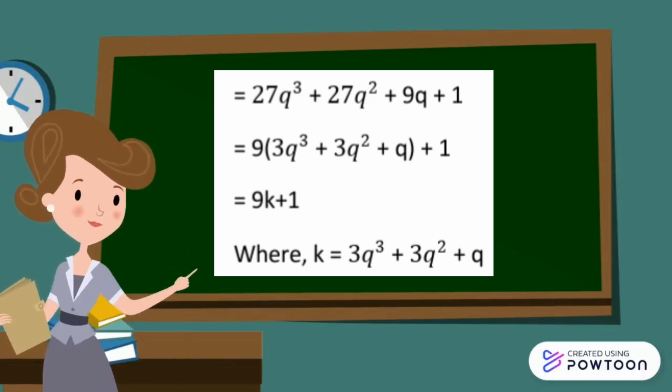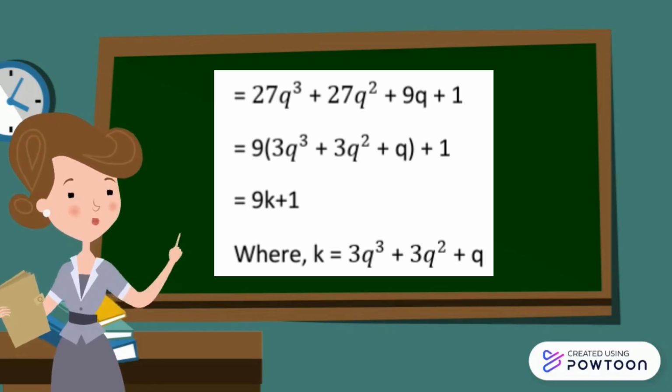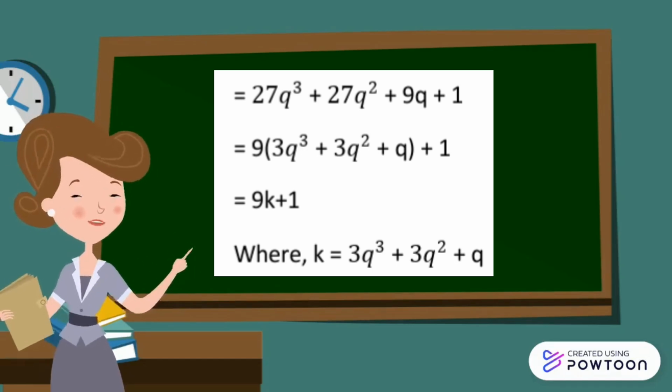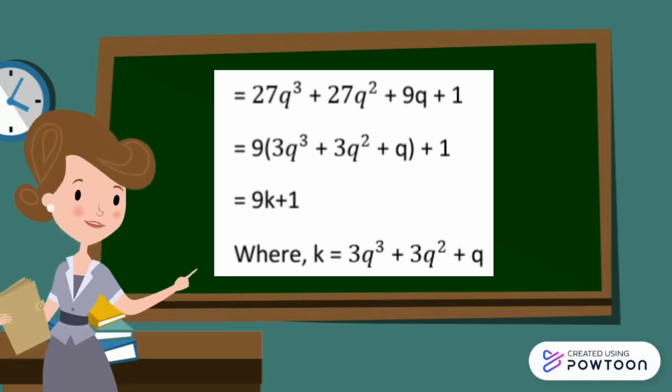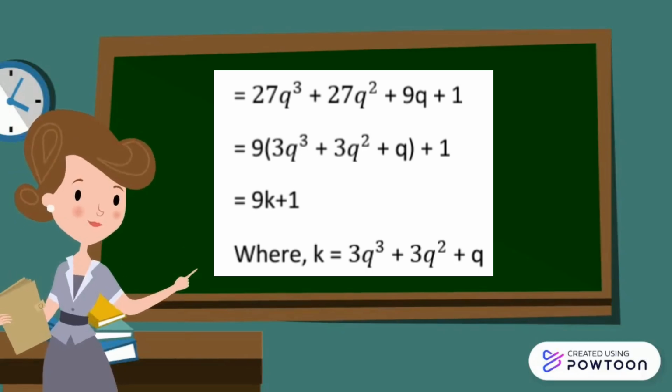Further simplifying, we obtain 27q raised to 3 plus 27q raised to 2 plus 9q plus 1. Finally, we can factor this as 9 times the quantity of 3q raised to 3 plus 3q raised to 2 plus q, plus 1. We can represent this equation as 9k plus 1, where k is equal to 3q raised to 3 plus 3q raised to 2 plus q.